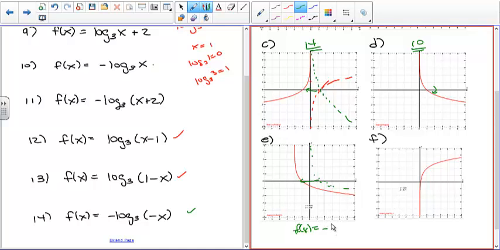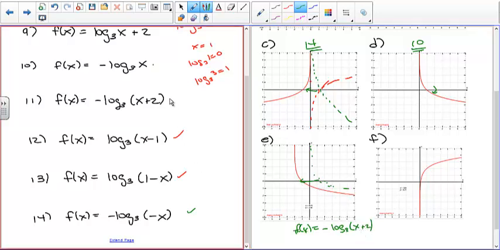You're going to have log to the base 3 of x, and it's positive x because we haven't shifted it across the y-axis. We reflected it across the x-axis, and then it's moved 2 units in the left direction, so we're going to add 2 to that. So there we go, that's that one.